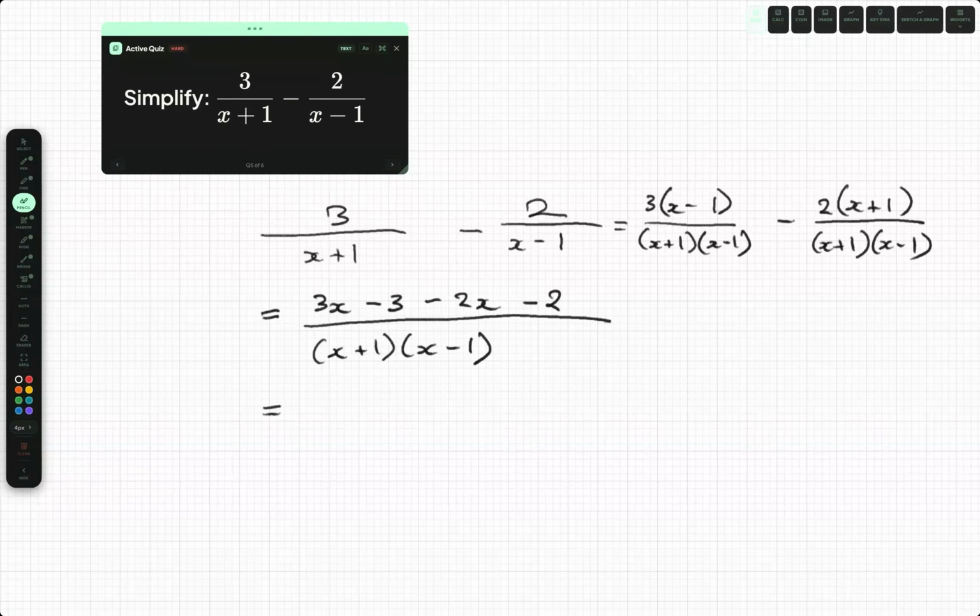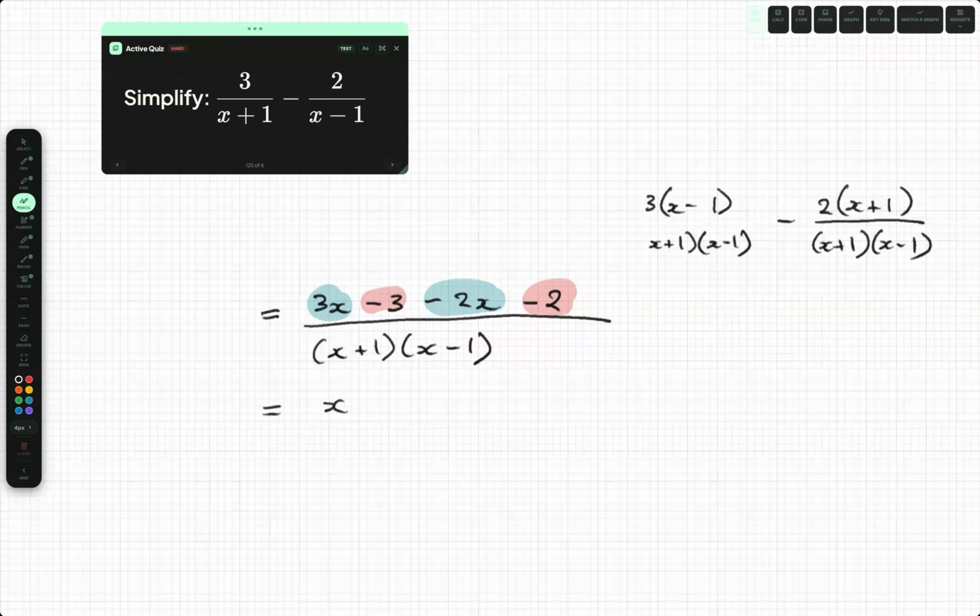Now, let's collect our like terms. So we have our 3x, and we have our minus 2x, and we have our minus 3, and we have our minus 2. So let's perform that quickly. So 3x minus 2x is just x.